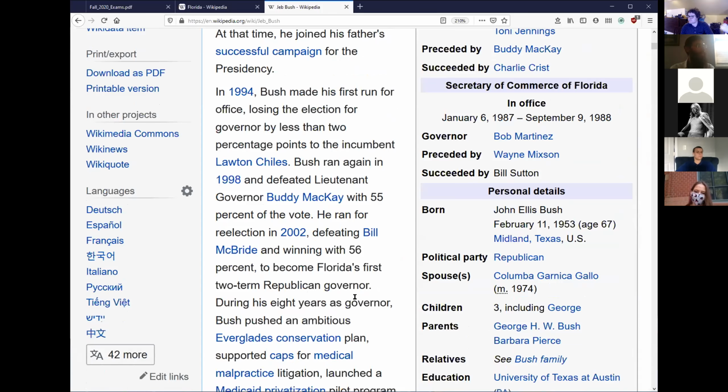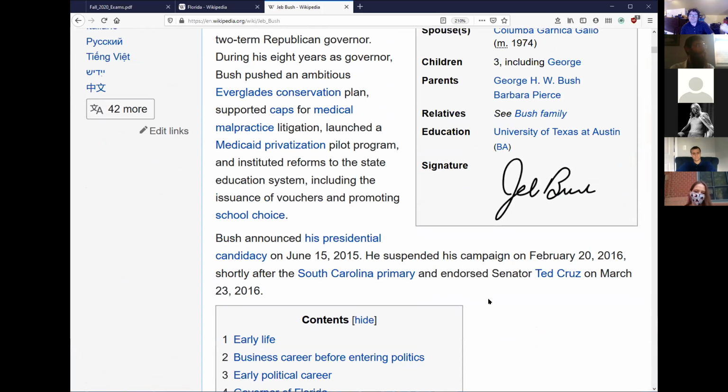So anyway, he announced his presidential candidacy back in 2015, and he did a lot of that based on, well, I was successfully governor of a large, diverse state.